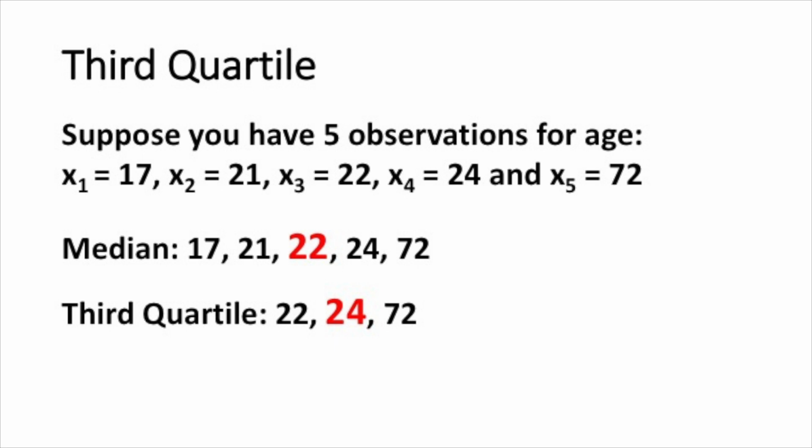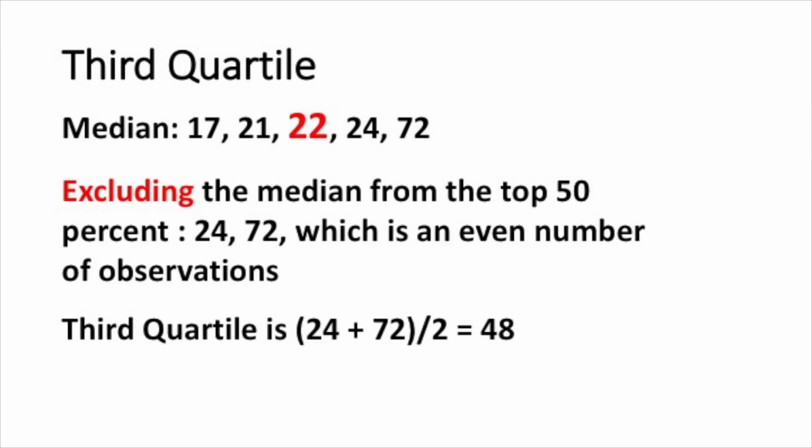So you've got 17, 21, 22, 24, and 72. With a median of 22, to find the third quartile, you focus on the top half of the distribution. And if you include the median when calculating the third quartile, the values are 22, 24, and 72. This makes 24 the third quartile.